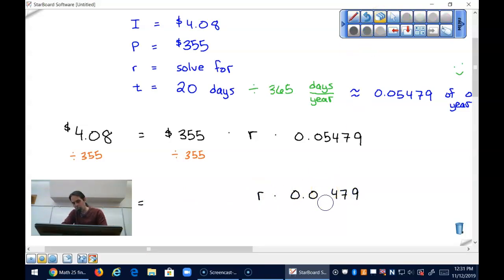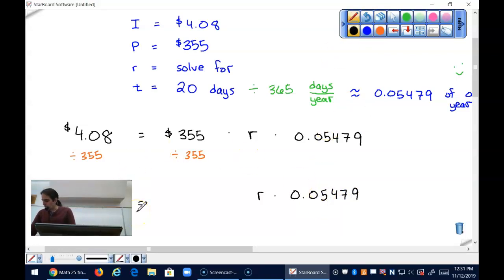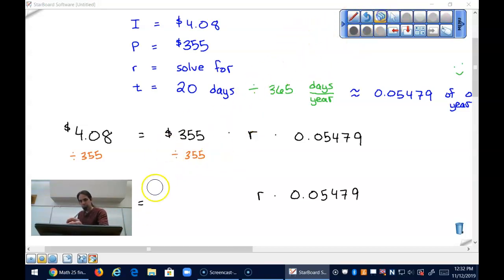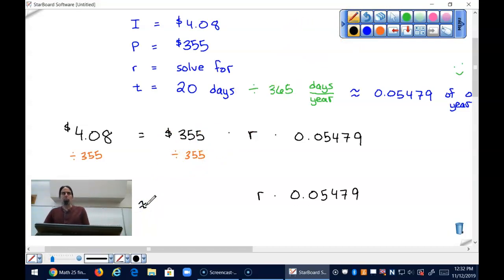Keep drawing my fives. Okay, so what do we have? 4.08 divided by 355. I'm rounding there. Okay, we're getting closer. Now all I have is something stuck on the R with times 0.05479.